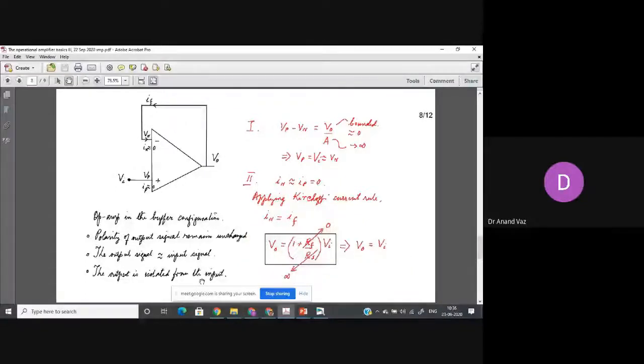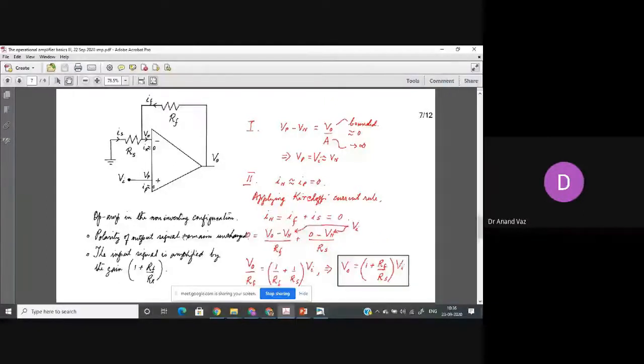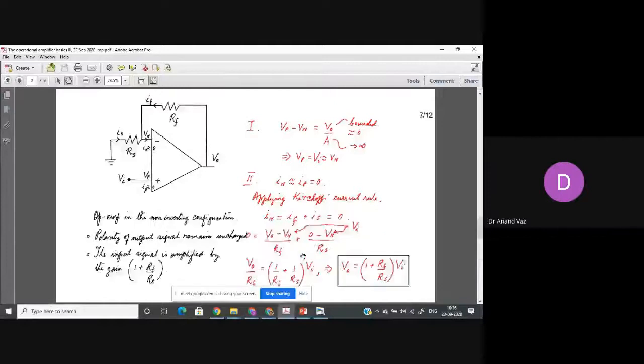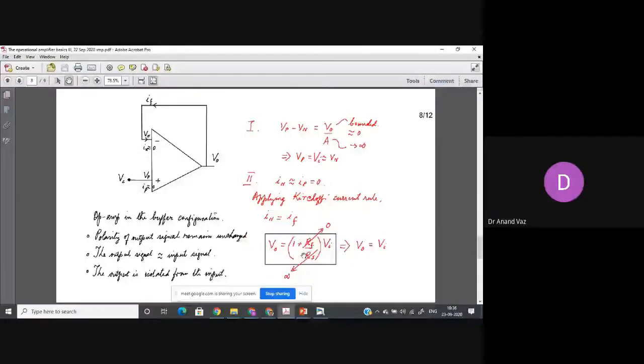Then we also saw the buffer configuration, which is just an extension of the non-inverting configuration. In this, we saw that if we made RF equal to 0 and RS equal to infinity in the previous configuration, that is the non-inverting configuration, we could get this configuration.